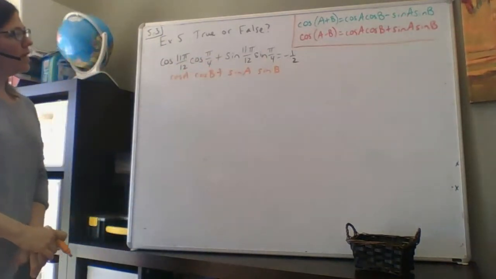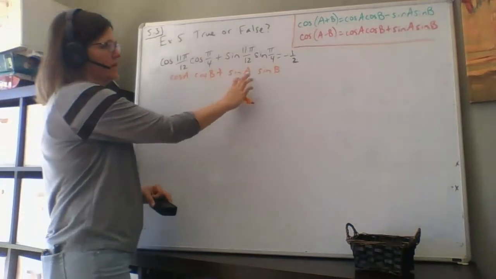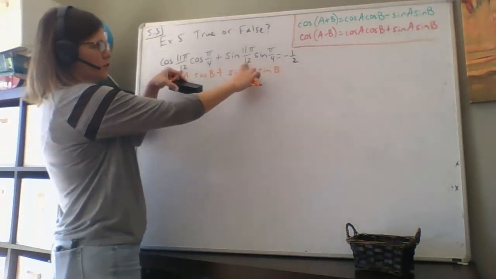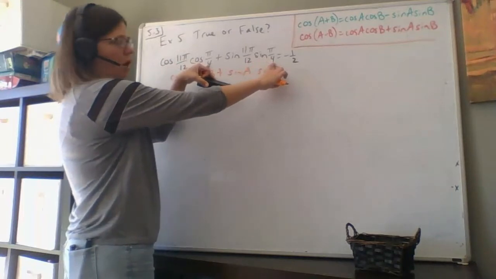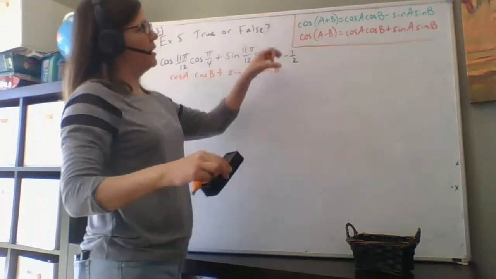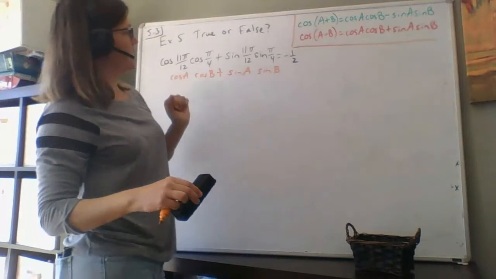Because we have this cosine, cosine, sine, sine, and the first two angles are the same in each term, and the second two angles are the same in each term, we are looking at one of these identities.